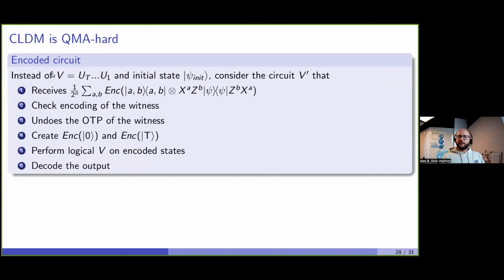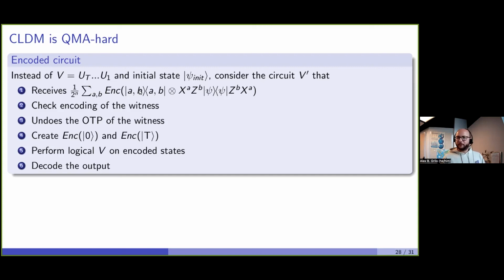The key point is that instead of running the original circuit for the QMA verification, we now run a circuit V prime that will compute on the encoded data. The idea is that the prover will not send the original witness, but will encode it using a simulatable code.